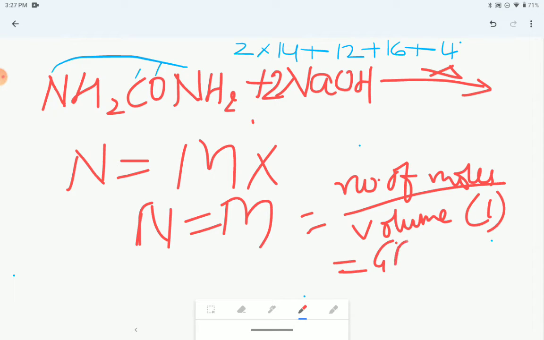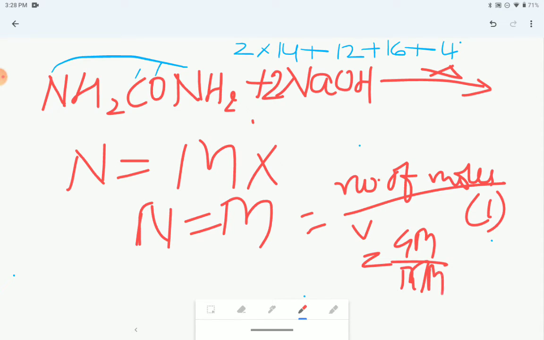So molarity comes out to be given mass by molar mass by volume, which is 1 by volume in liters. If we solve further, we get given mass by molar mass into 1000 by V, the volume in milliliters.